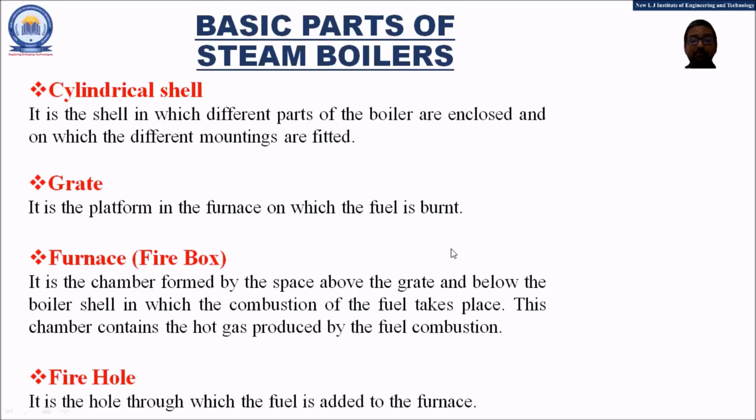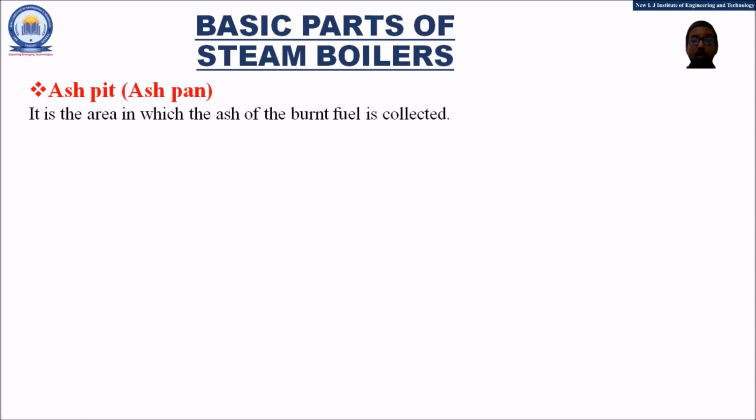Now friends, let us proceed further and understand some more parts of the boilers. The next part is the ash pit or the ash pan. Whenever there is combustion of the fuel, byproducts are developed, that is, waste is collected after the combustion.